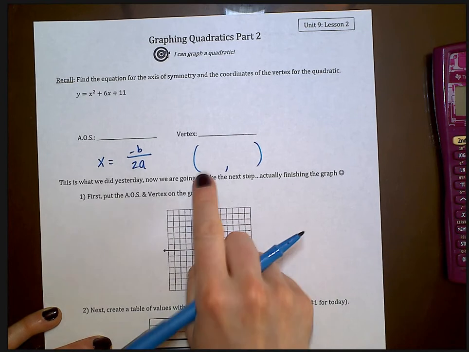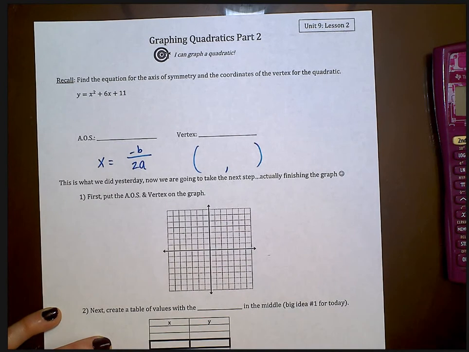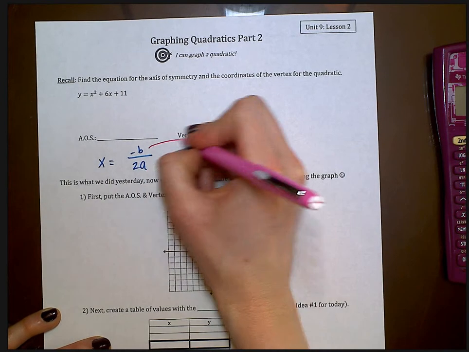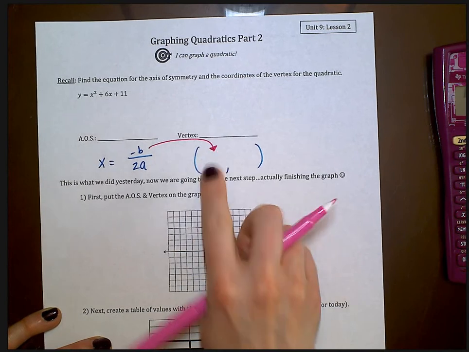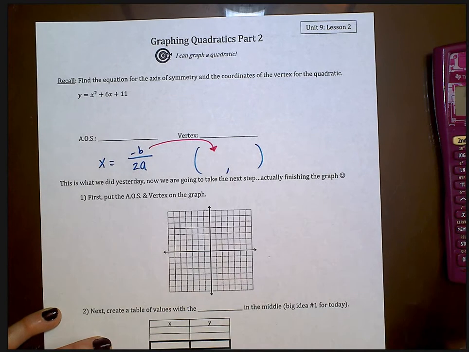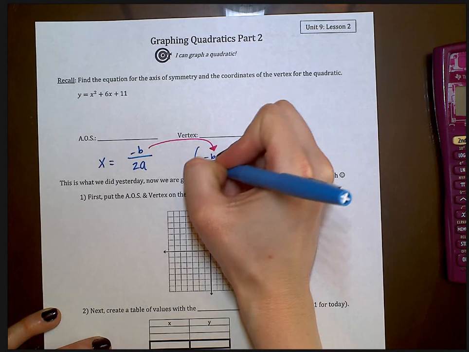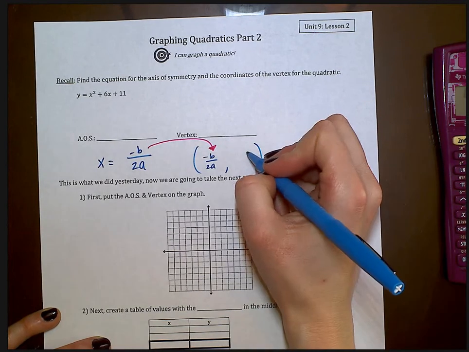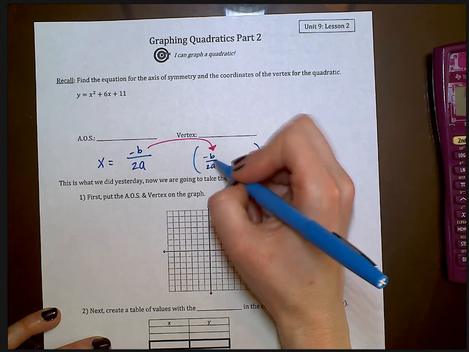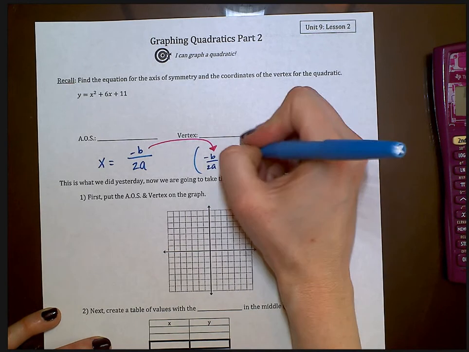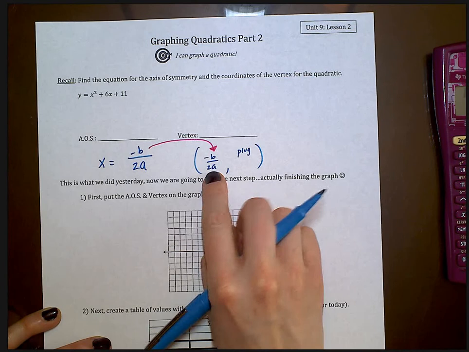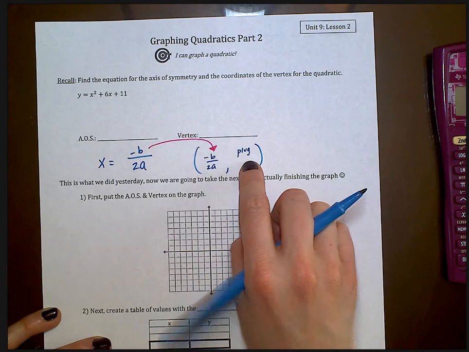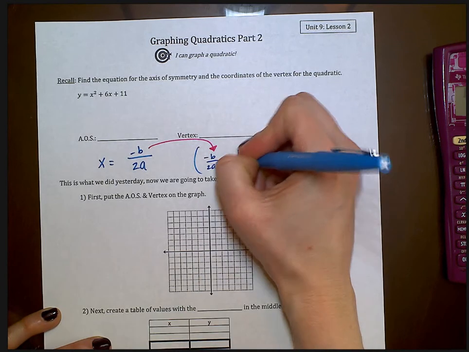The x value of the vertex, guys, remember, was just whatever number you get for the AOS. That's the x value of the vertex, so it's that negative b over 2a number. And then to get the y value of the vertex, you just plug in this x value to get the y that goes with it.